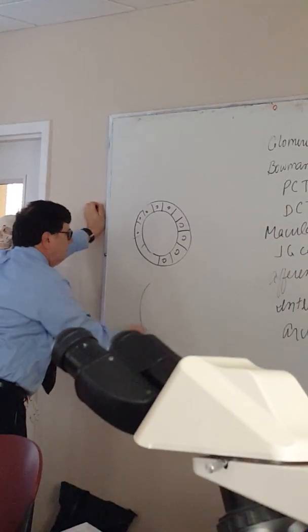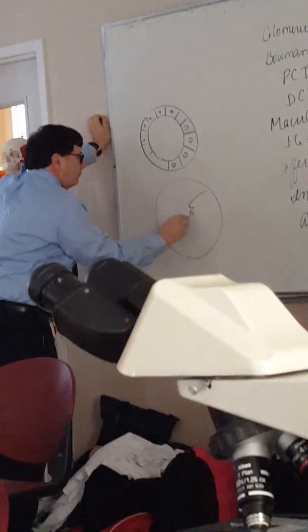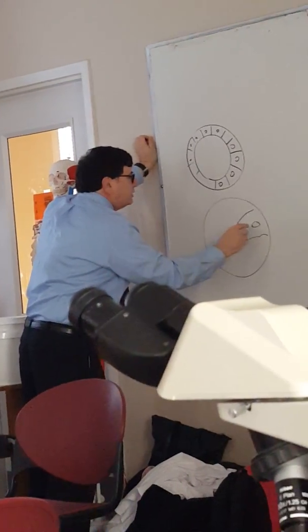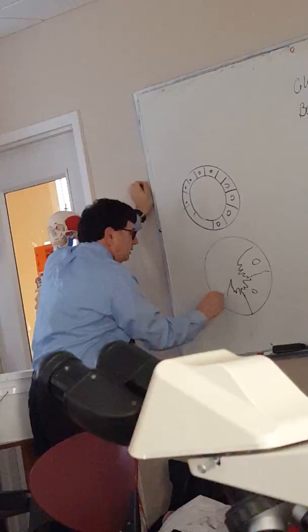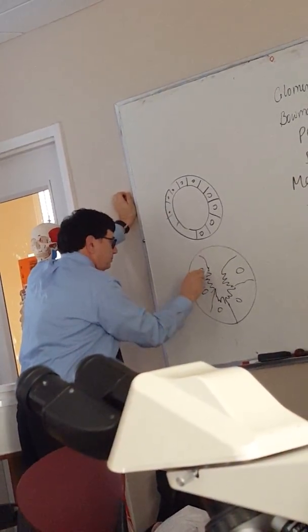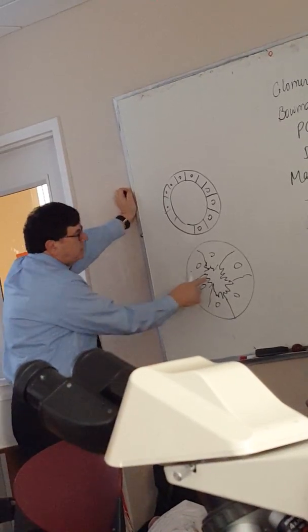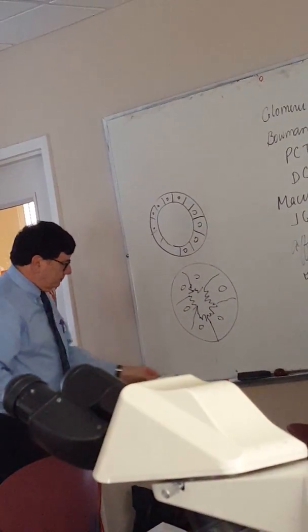Now the PCT, the cells are going to look a little taller because they have a brush border, which tends to be very shaggy. Like this. And so, because of the shaggy looking brush border, the lumen is going to look a little bit smaller.